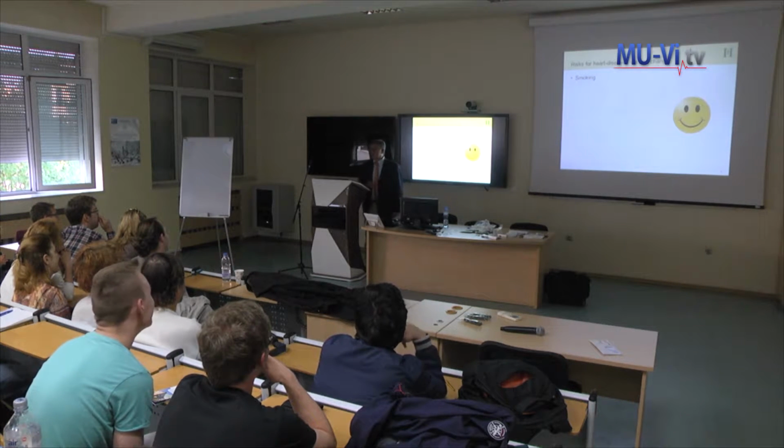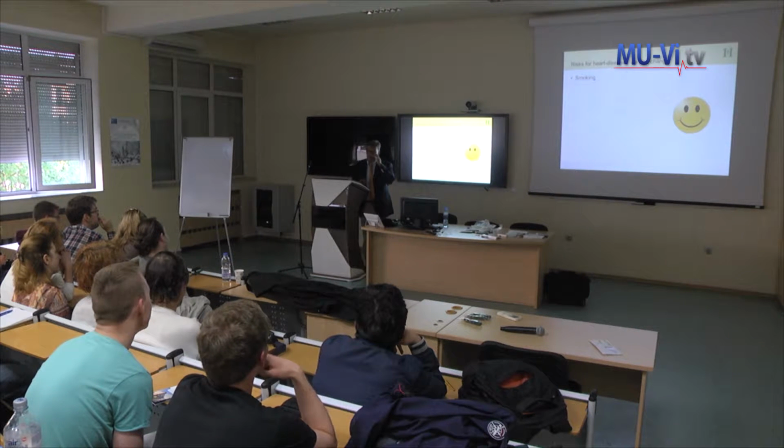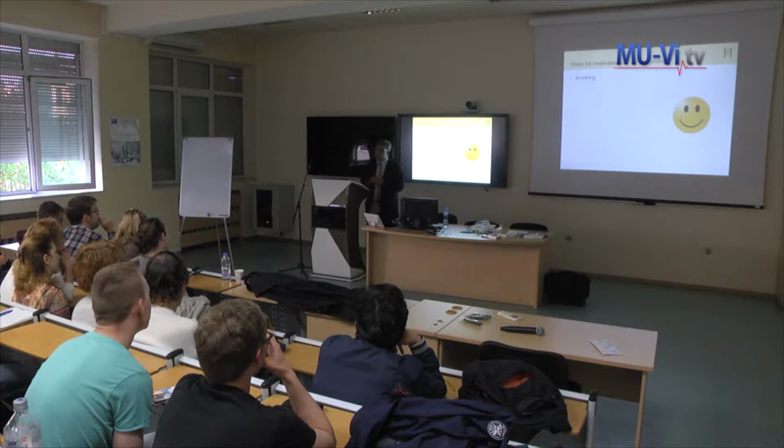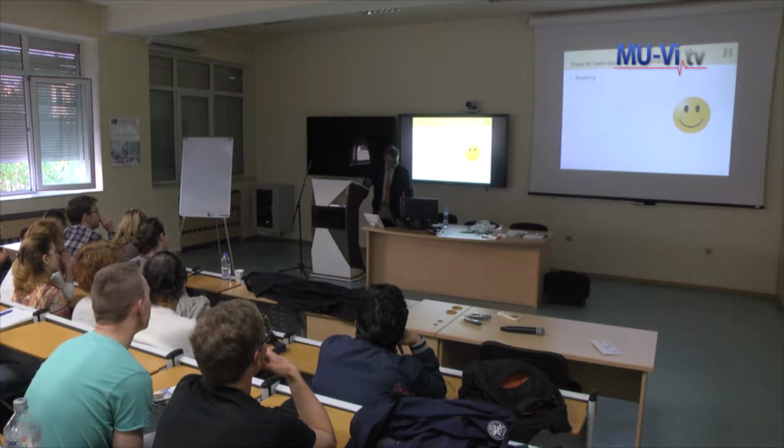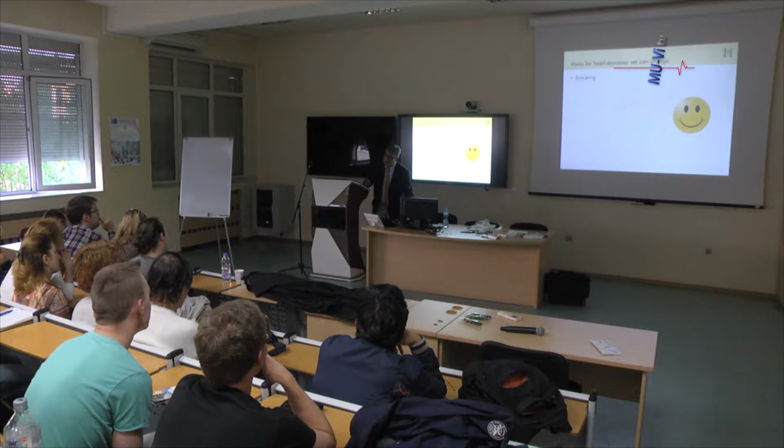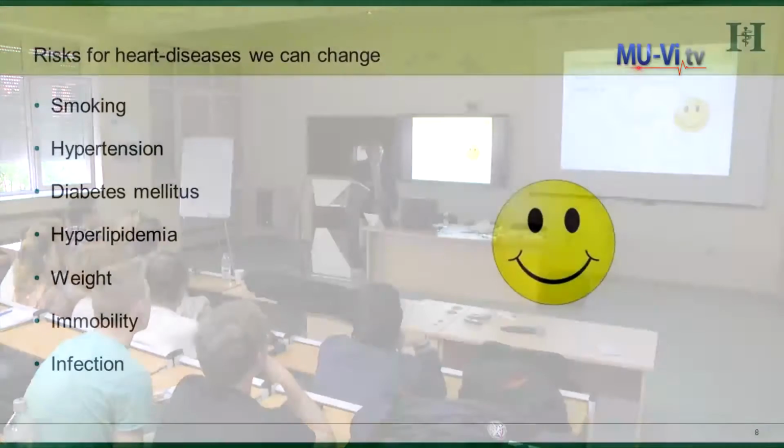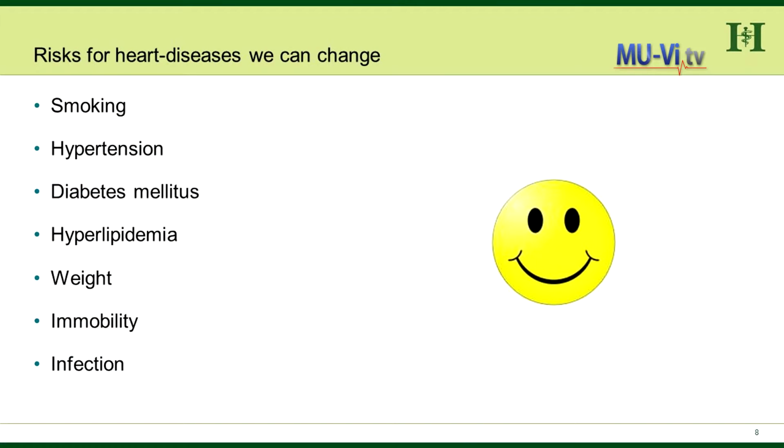Drinking is not right. Drinking is fine. Drinking isn't really a risk for coronary heart disease, but for others, for the muscle. It's not for coronary, just for the muscle. You can get a cardiomyopathy by drinking too much. That's right. Hypertension. Yeah? Diabetes mellitus.